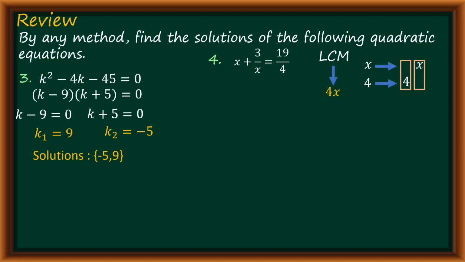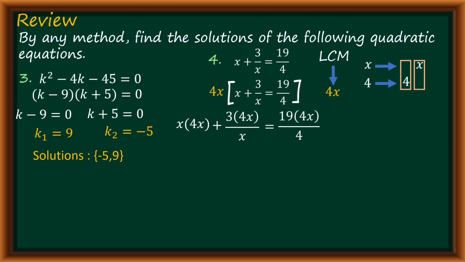So therefore, our LCM is 4x. Next, let us multiply the whole equation by its LCM, which is 4x. So that is x times 4x plus 3 times 4x over x is equal to 19 times 4x over 4.